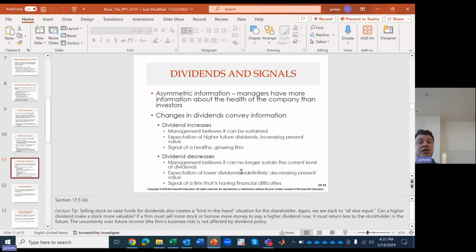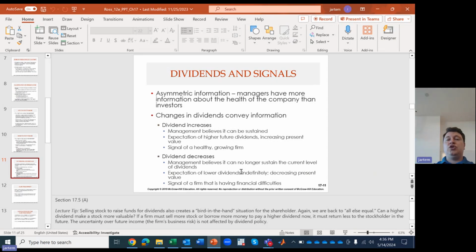Now, what happens if the dividend decreases? Okay, basically it means that prior dividends are unsustainable, that there are lower dividends that could be the case indefinitely, which again, you're now discounting a smaller value to present value, which means that the overall value of the stock, the present value of that security should fall.